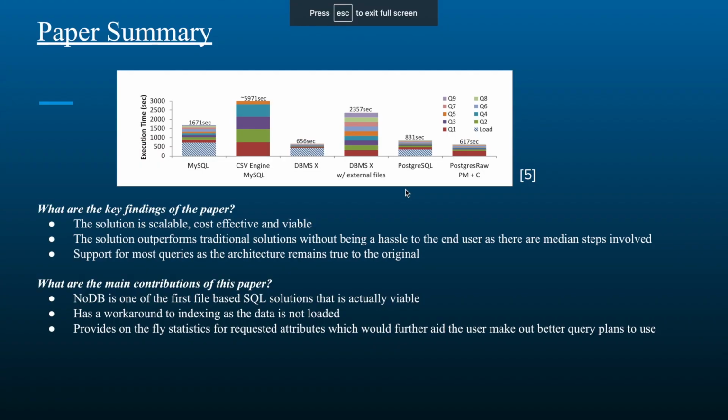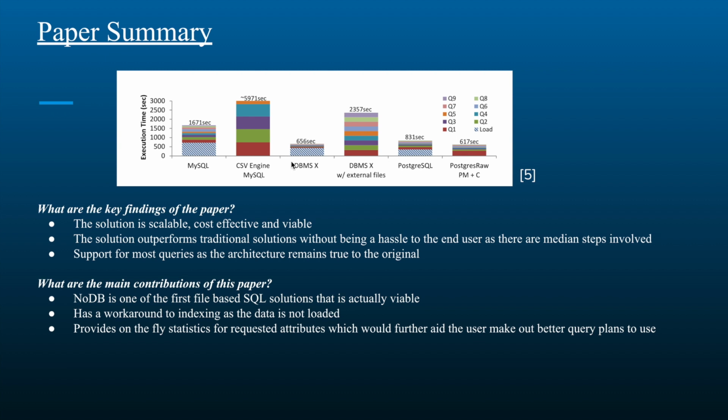Okay, so what are the key findings of the paper? The findings are that the NoDB solution turns out to be very good and very fast. I've attached an image showing how good it is. If you look at the image, you can see that the CSV engine, Postgres, and others take a lot of time, and their implementation, Postgres raw, comes down to be the least.